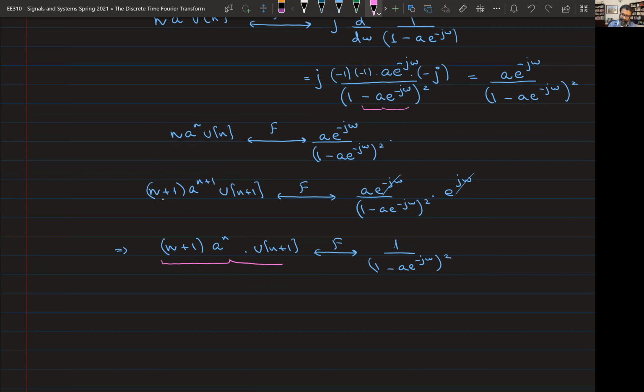And if I play around a little bit intelligently, this signal actually starts at n equals -1; for values of n less than -1, the signal is 0. N equals -1 is the first time instance at which this unit step is non-zero. And if I just plug in n equals -1, what happens?